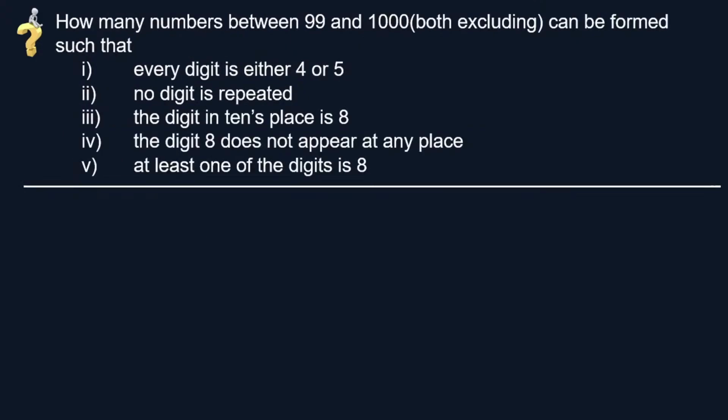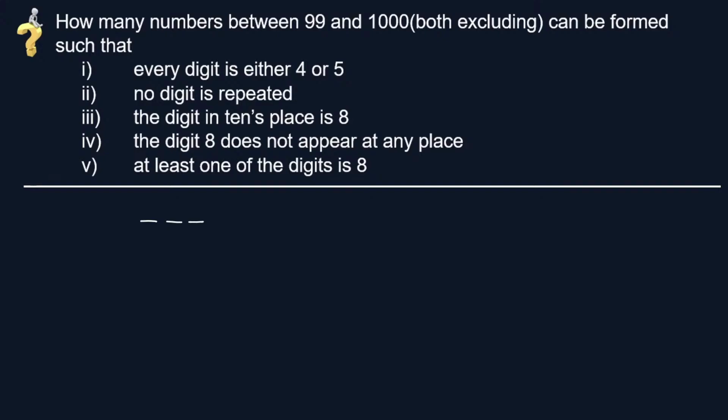How many numbers between 99 and 1000, both excluded, can be formed such that every digit is either 4 or 5? Now, numbers between 99 and 1000, both excluded, means they are talking about 3-digit numbers.